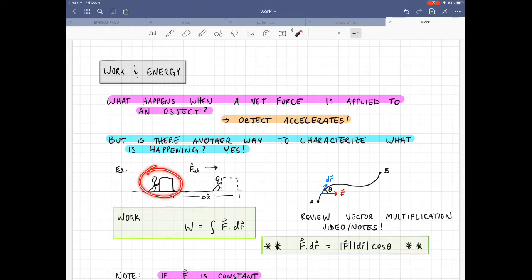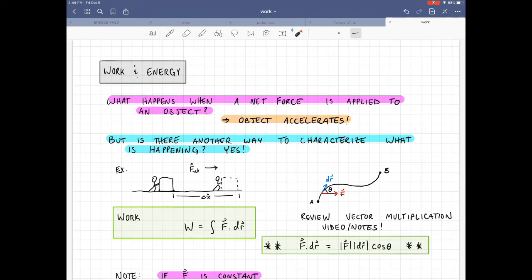And so here's my example. I've got a block here on the ground, and let's say that there's no friction between the block and the ground. And I begin to push to the right. So there's a net force to the right on this block because there's no friction between the block and the ground. And so I push this block all the way over here. The entire time I'm applying this net force.